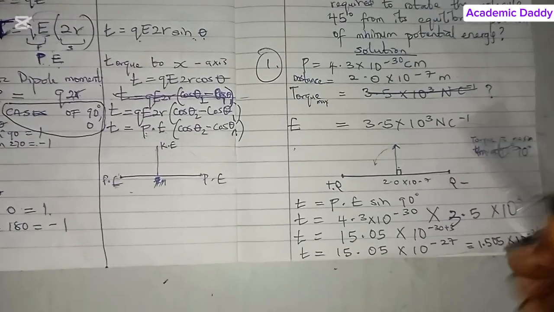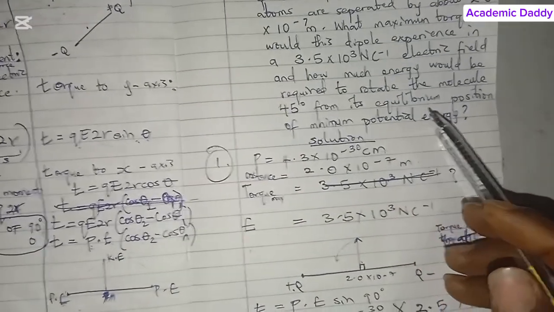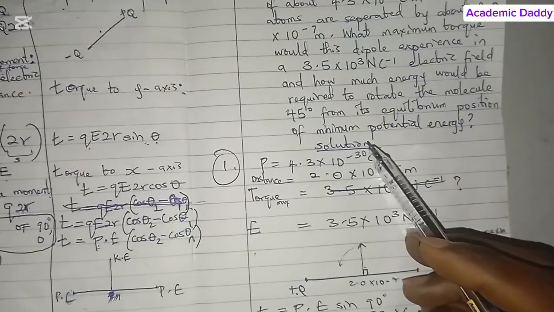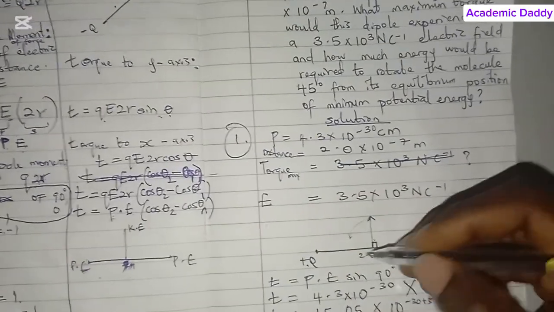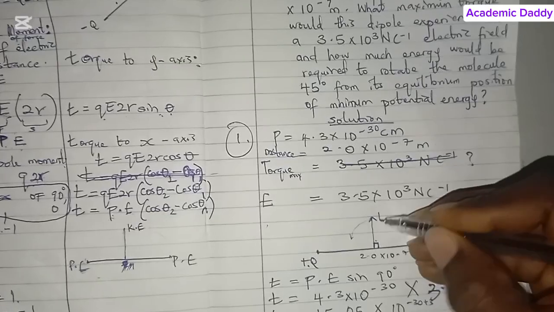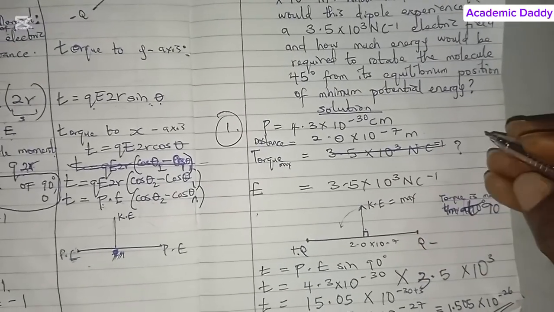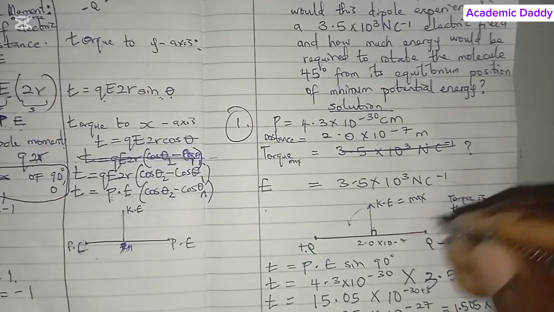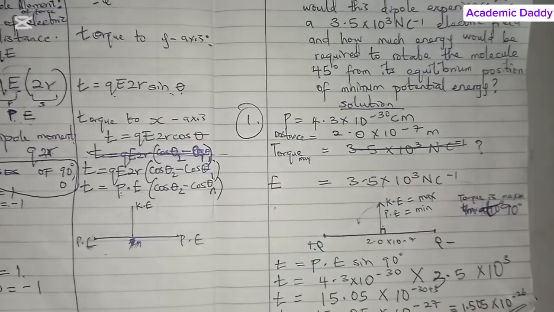So the potential energy they are talking about is you considering the fact that it is starting from the equilibrium position. If you remember, at equilibrium position kinetic energy is maximum and potential energy is at its lowest, minimum.